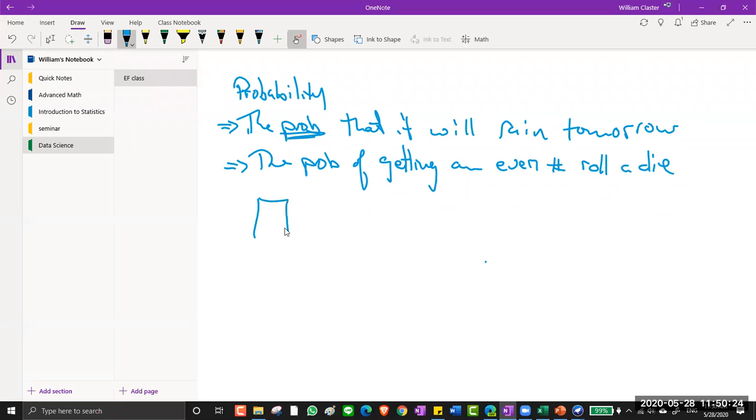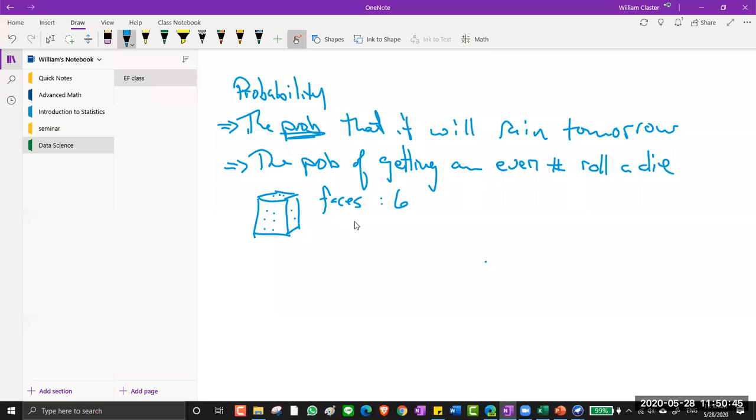So we talk about a die, right? And the die has dots on it, like that. And we talk about the faces of the die, and we say there are 6.